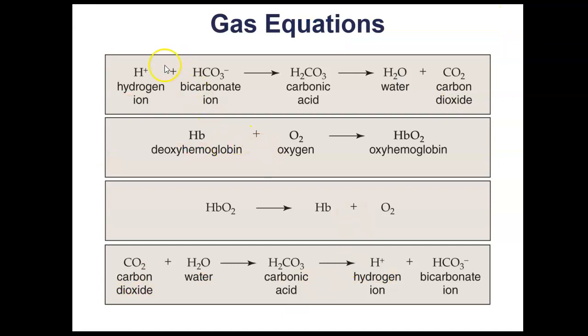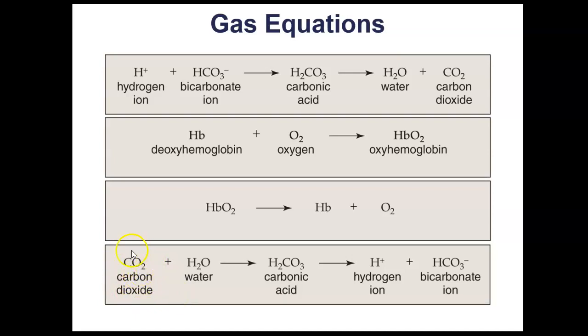And this is that equation. So basically, carbon dioxide in water combines to form, let's look down here at the bottom, this shows the reaction that forms the bicarbonate ion.